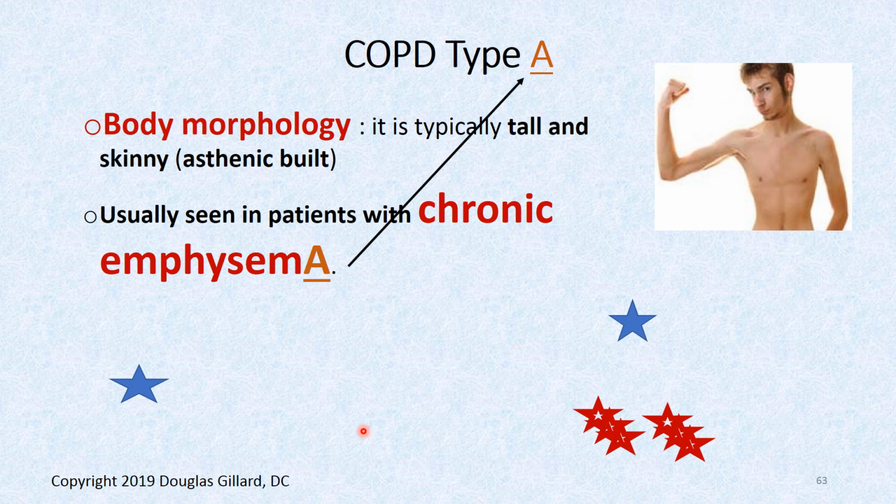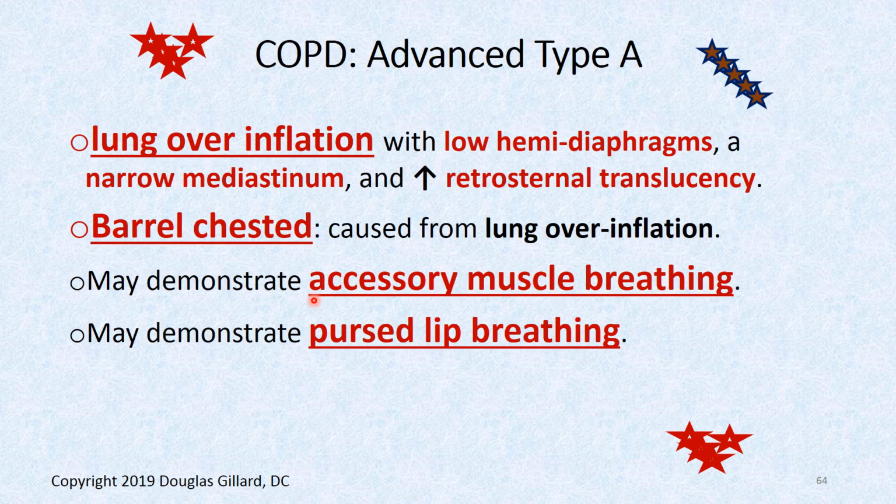Body morphology, they tend to be really skinny. According to this old system, that's called an asthenic build. Asthenic build. Make sure you know that. That's been on my test before. And these patients have chronic emphysema. The type A goes with emphysema. That's how I remember it.